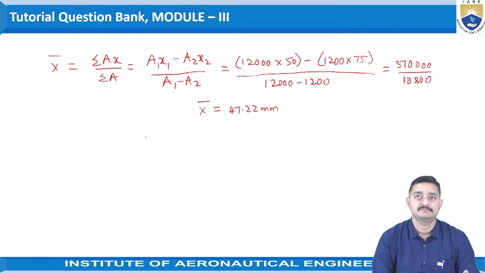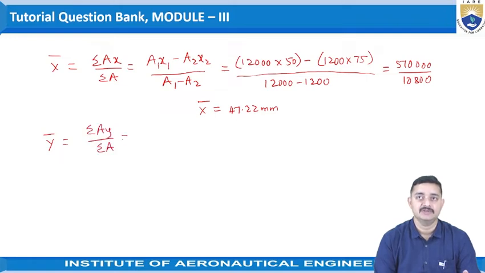Similarly, coming to Y bar, that would be sigma AY by sigma A. So here also we can take it as A1 Y1 minus A2 Y2 by A1 minus A2.